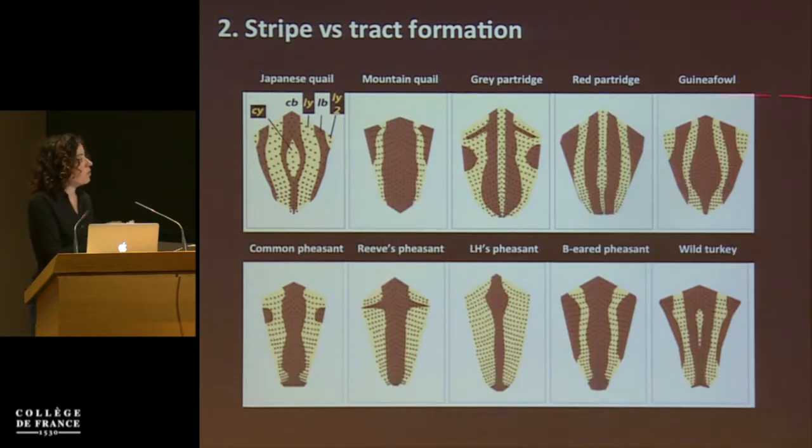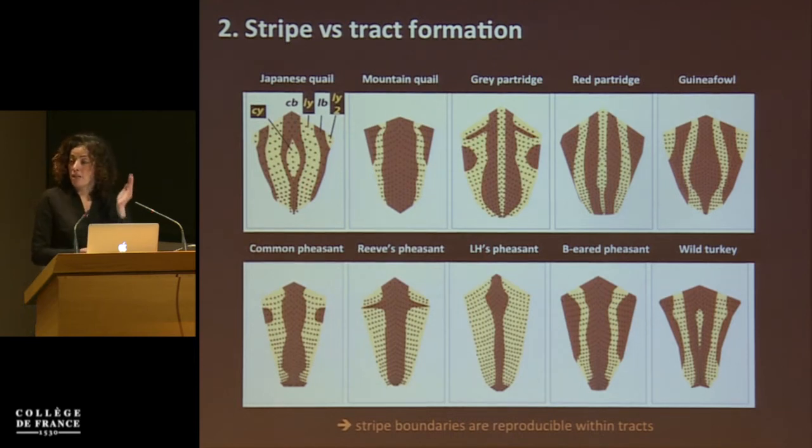And he did that for all the different species. So here I'm summarizing a huge amount of work. But bottom line, what Nico could see is that the boundaries between stripes are always located in the same position within one species. For example, that boundary here in the quail is always located on feather row number 2.